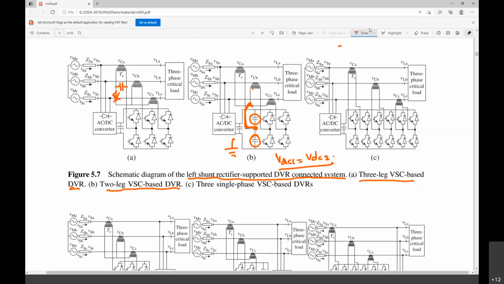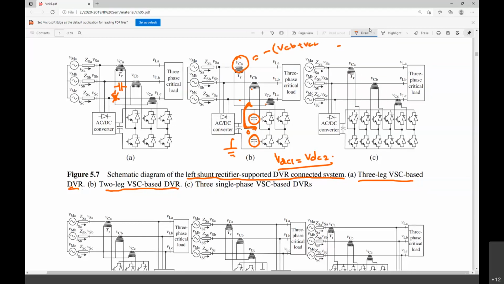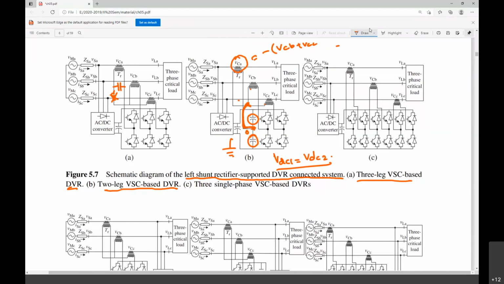In order to make it 0 volts, VCA must be equal to minus of VCB plus VCC. Then obviously the voltage at this particular point is going to tend to 0, only when VCA is equal to minus of VCB plus VCC.